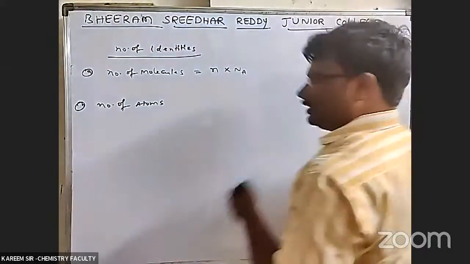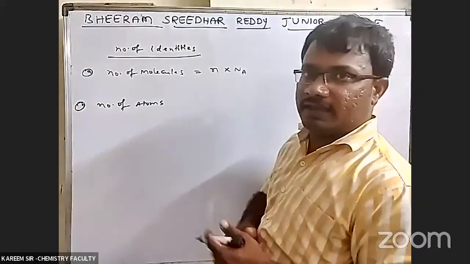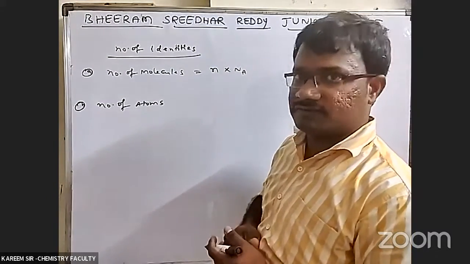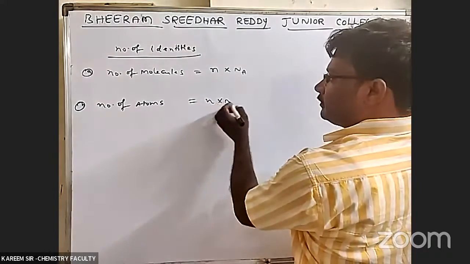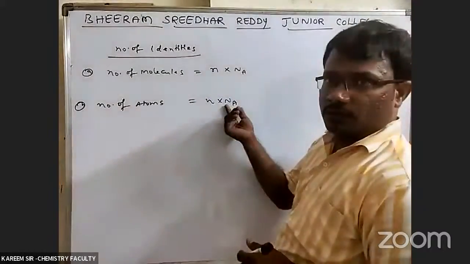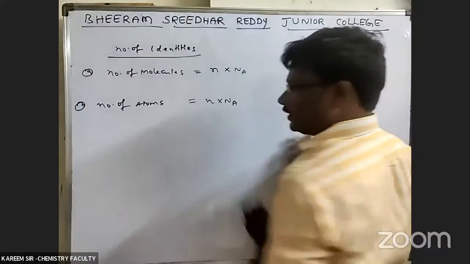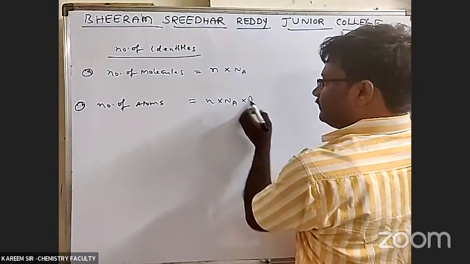If you want to find the number of atoms in a given weight or a given volume of substance, first find the number of moles and then find the number of molecules. This will give the number of molecules, and multiply it with atomicity.